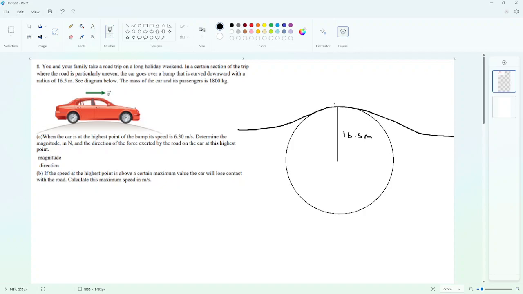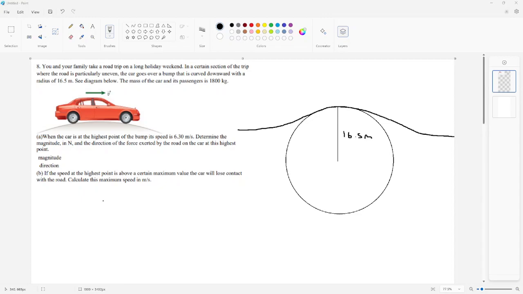Okay, so right at the top, the car experiences some force from this bump. Now, how do we quantify that force?